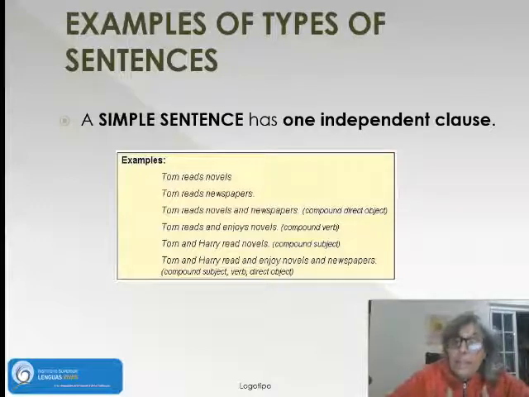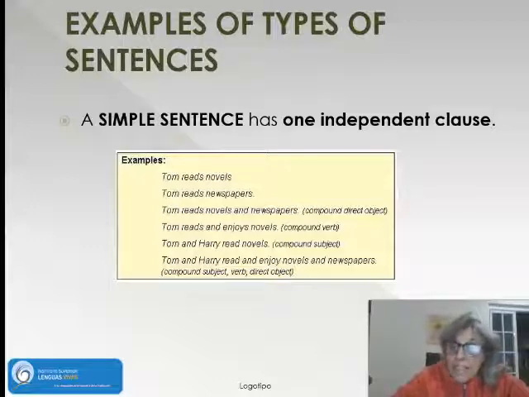Some examples. A simple sentence has one independent clause. Tom reads novels. Tom reads newspapers. Tom reads novels and newspapers. Tom reads and enjoys novels. Tom and Harry read novels.